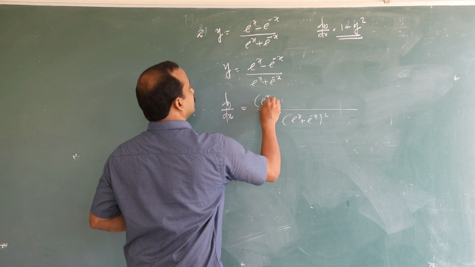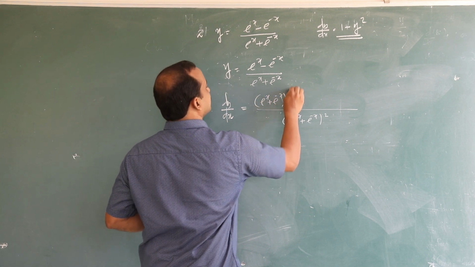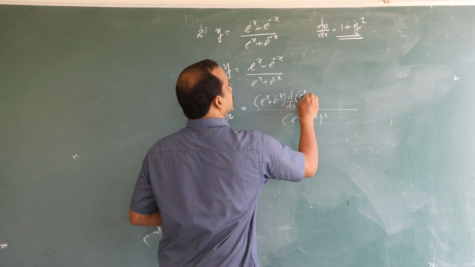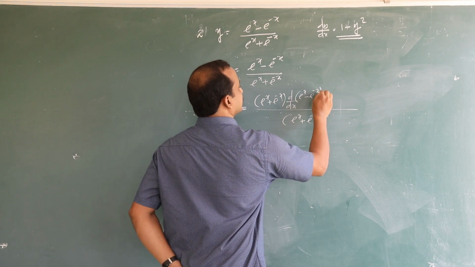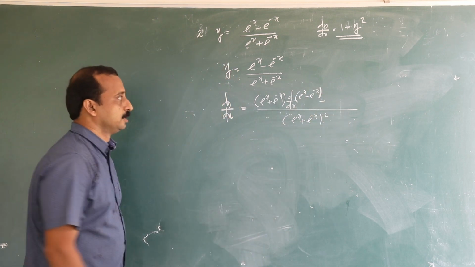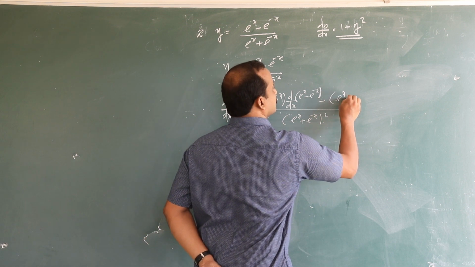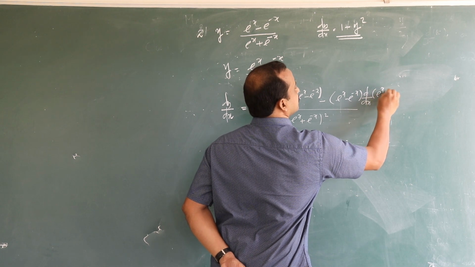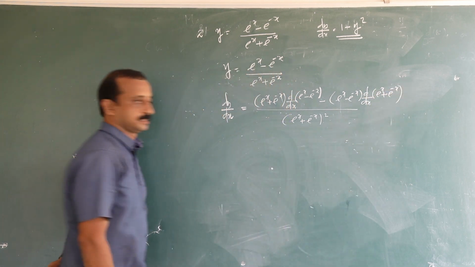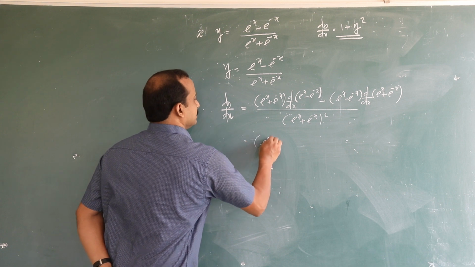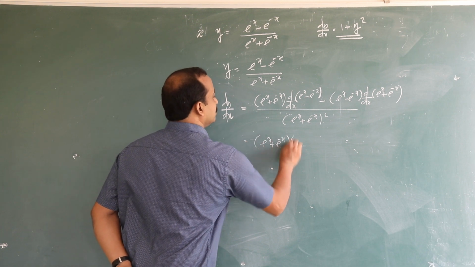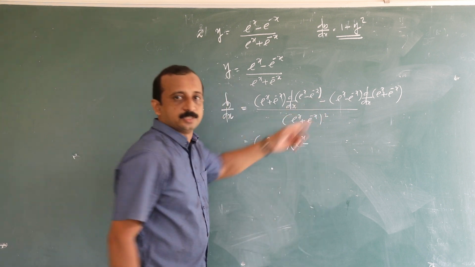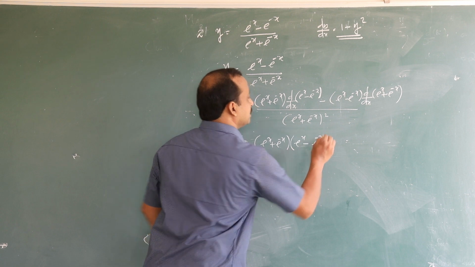Here, denominator into, that is e raised to x plus e raised to minus x, into the derivative of the numerator, e raised to x minus e raised to minus x, minus numerator into, that is e raised to x minus e raised to minus x, into the derivative of the denominator, that is e raised to x plus e raised to minus x. That is equal to e raised to x plus e raised to minus x into, the derivative of e raised to x is e raised to x, minus the derivative of e raised to minus x is e raised to minus x.